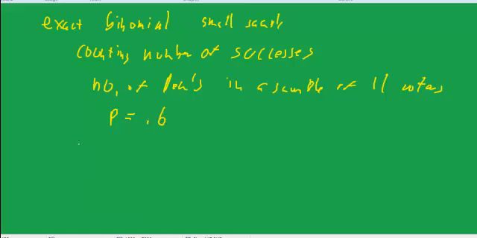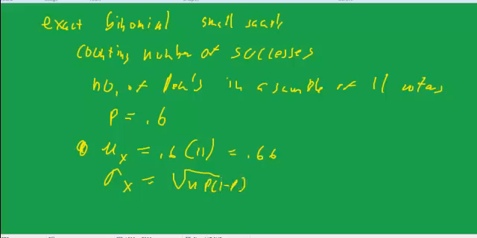So the average, the mu of this mean number of Democrats will be 0.6 times 11 is equal to 6.6. The standard deviation is the square root of, now this time we don't put it in the denominator, it's in the numerator. So that's the square root of 6.6 times 1 minus p, 1 minus 0.6.